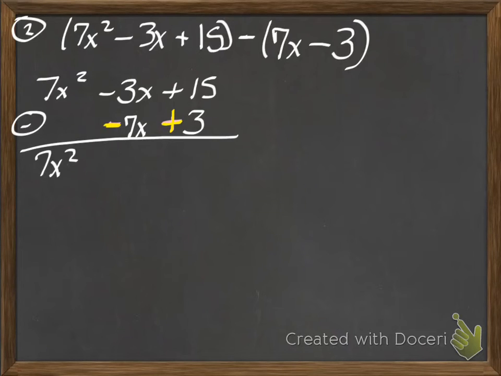Negative 3x minus 7x is negative 10x. 15 plus 3 is 18. You may or may not have terms that match up, so make sure you leave a space on your first one if you have skips in it, so that you can line up the next one.